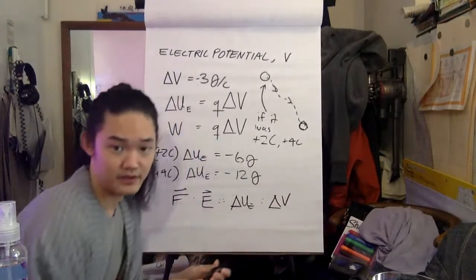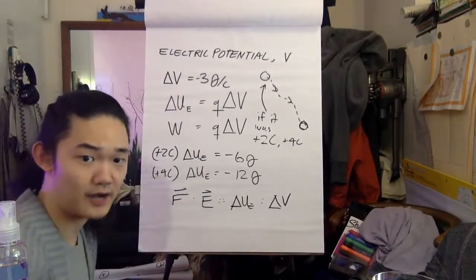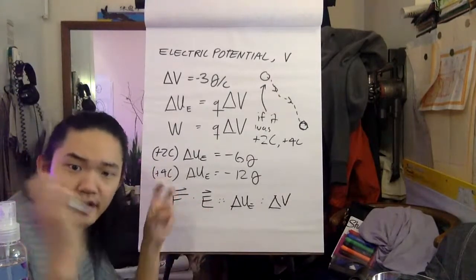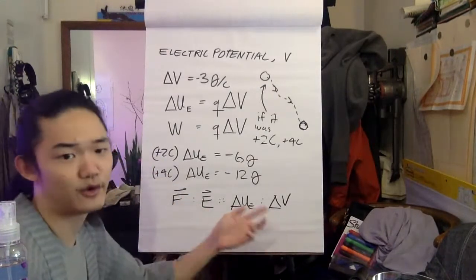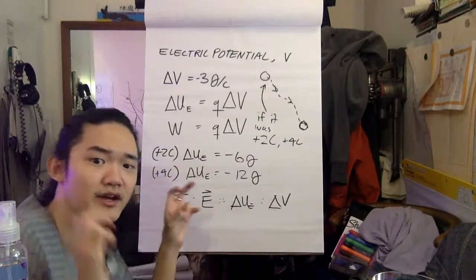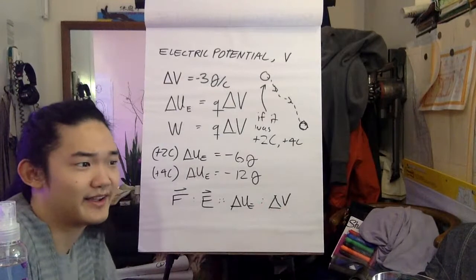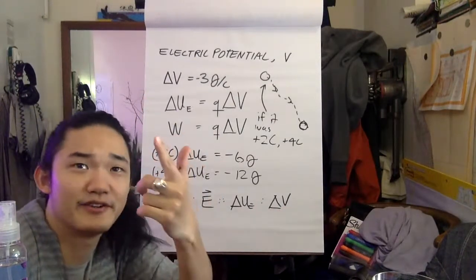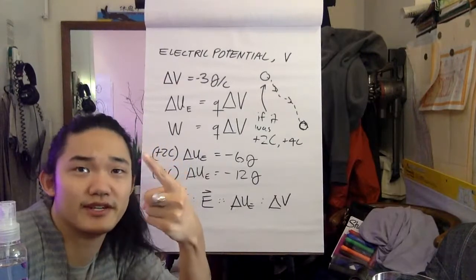For the time being, you don't have to think of what field is as a real thing. You don't have to think about what voltage is, what potential is as a real thing, because it's invisible, right? Like, how can I just look at this point in space and tell you what the electric field is, what the electric potential is? I can't.